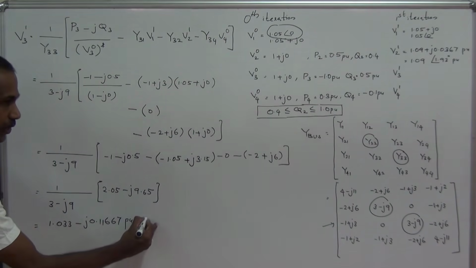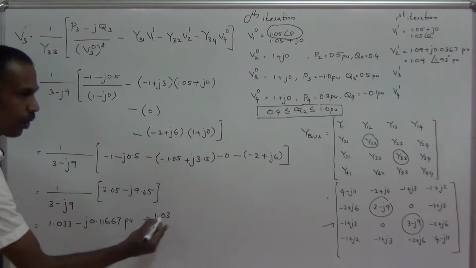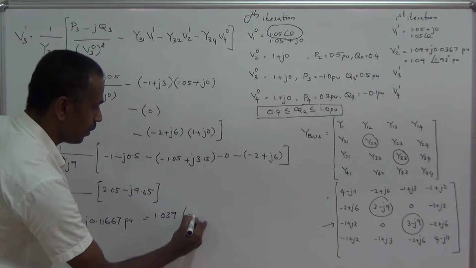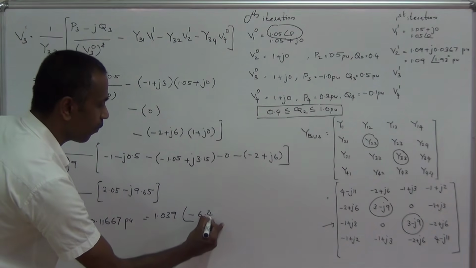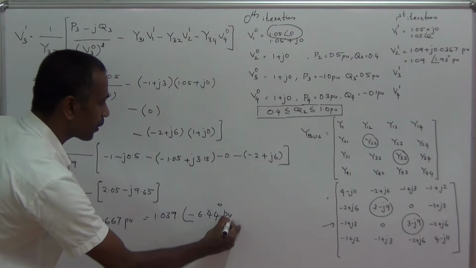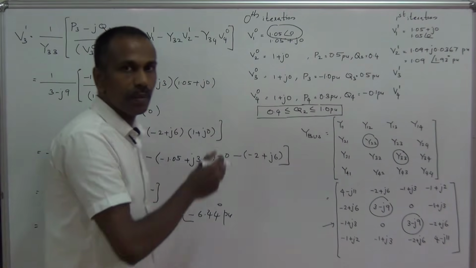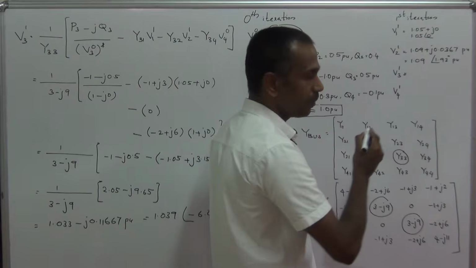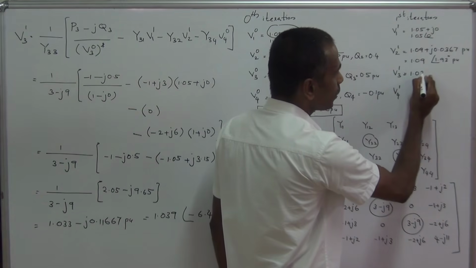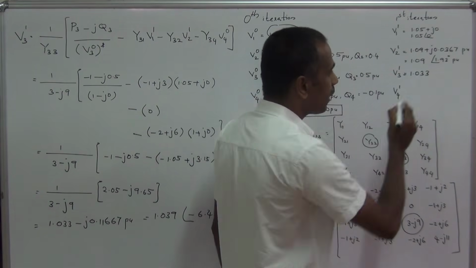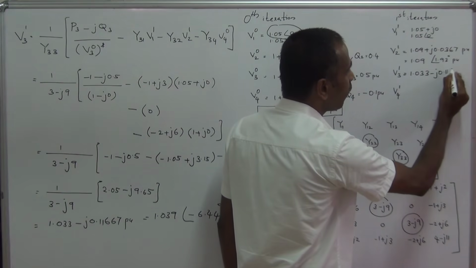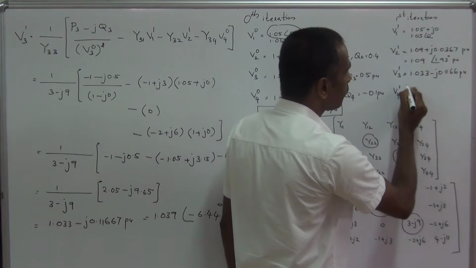In the polar form, this is equal to 1.039 angle minus 6.44 degree per unit. Let me write the third bus voltage here. V3^1 equals 1.033 minus j0.1166 per unit.